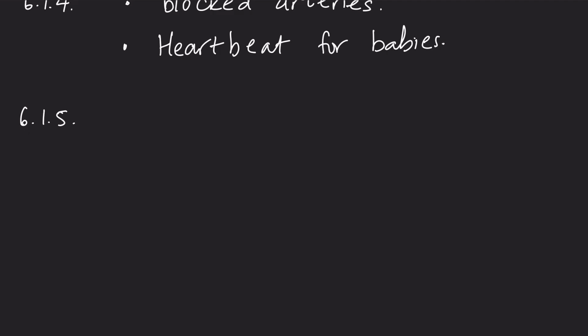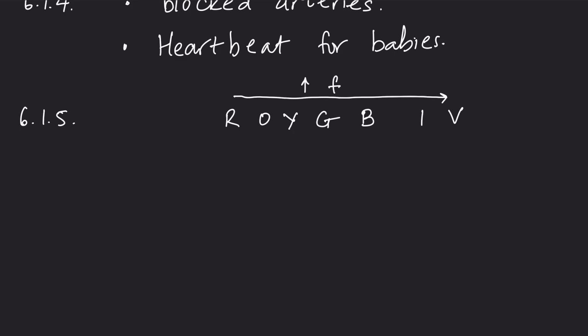The colors in the spectrum are R, O, Y, G, B, I, V, and this is in order. If we go this way, that is increasing frequency.